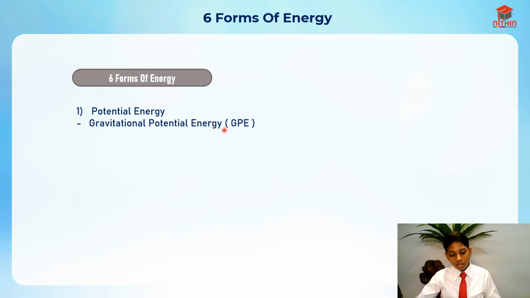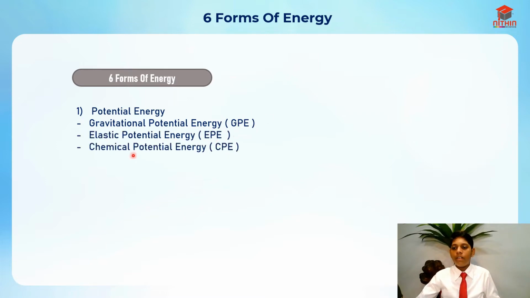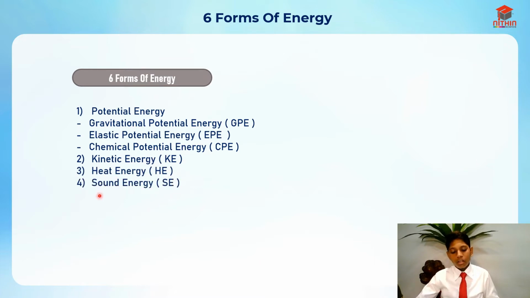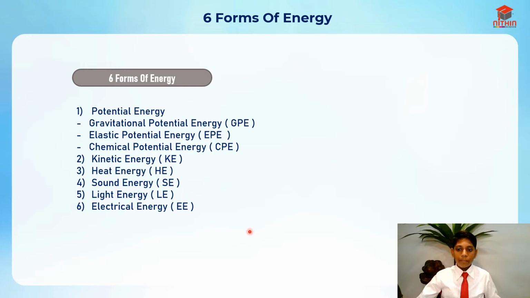Gravitational potential energy is GPE, elastic potential energy is EPE, chemical potential energy is CPE, and second, kinetic energy KE, heat energy HE, sound energy SE, light energy LE, and lastly, electrical energy EE. So these are the 6 forms of energy. Let's move on.